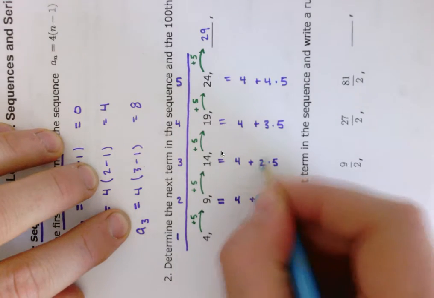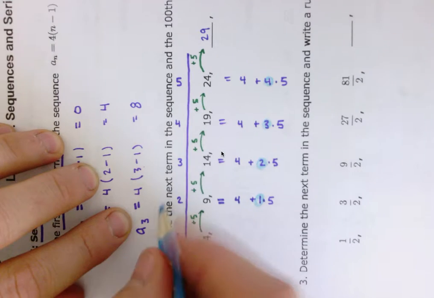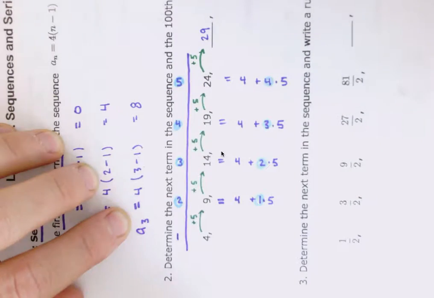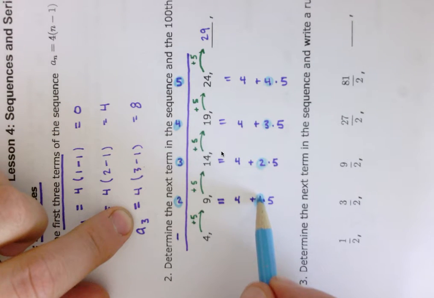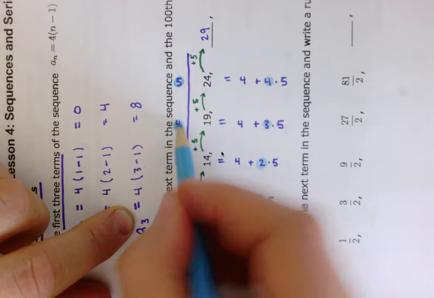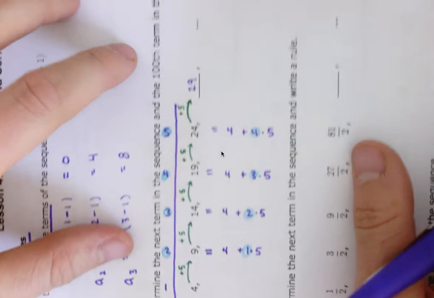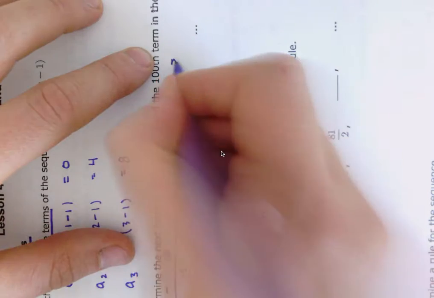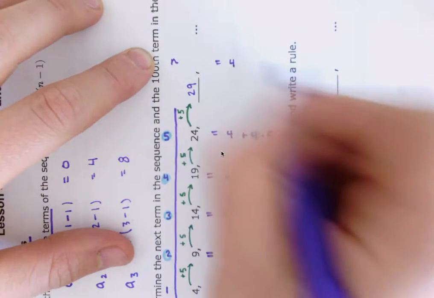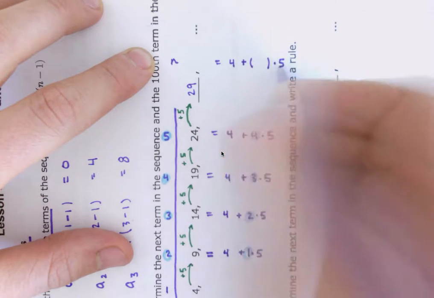Now, mark those 4 numbers and notice how they relate to the term numbers over here. Namely, that the number that is coming up in the sequence is always 1 less than the term number. What that tells us is that when we get to, say, the nth term, what we're going to have over here is 4 plus a number times 5.